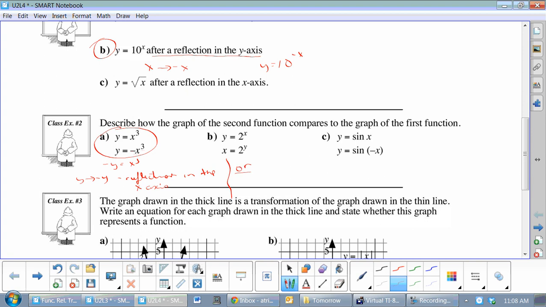Now, if you had y equals, I just want to talk about this. Negative 2 squared. What's the answer to that? Try it in your calculator. Yeah, without brackets. What is this? Negative 4.